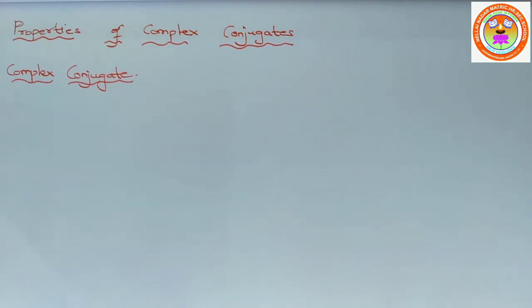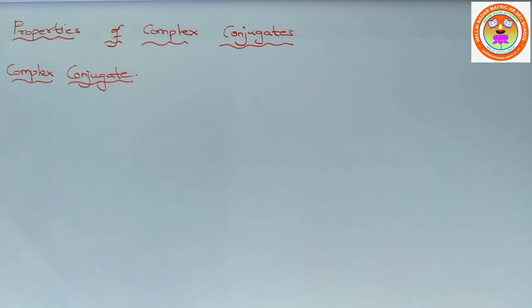We have studied some properties of complex numbers: closure property in addition and multiplication, commutative property, associative property, additive identity and multiplicative identity, additive inverse and multiplicative inverse.